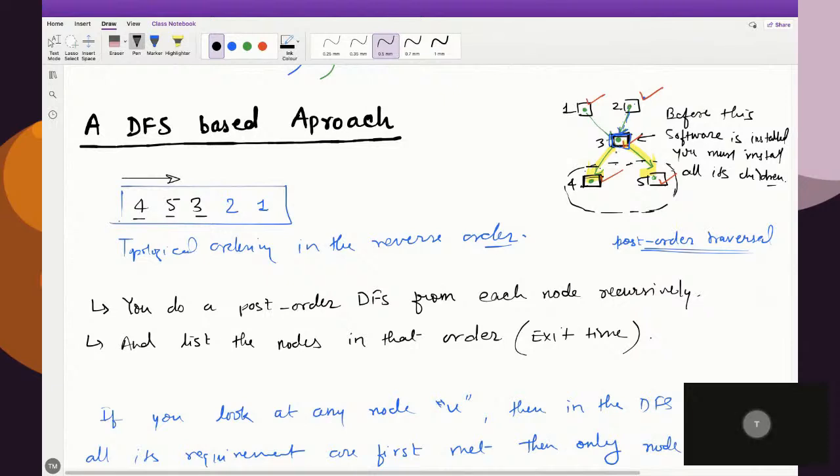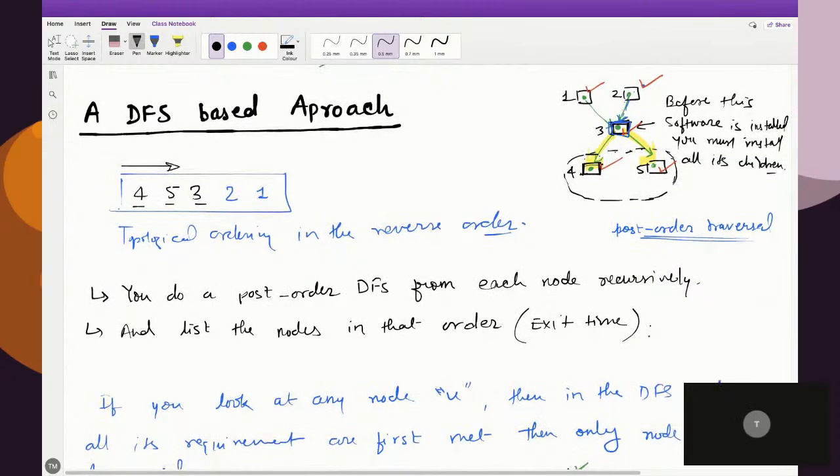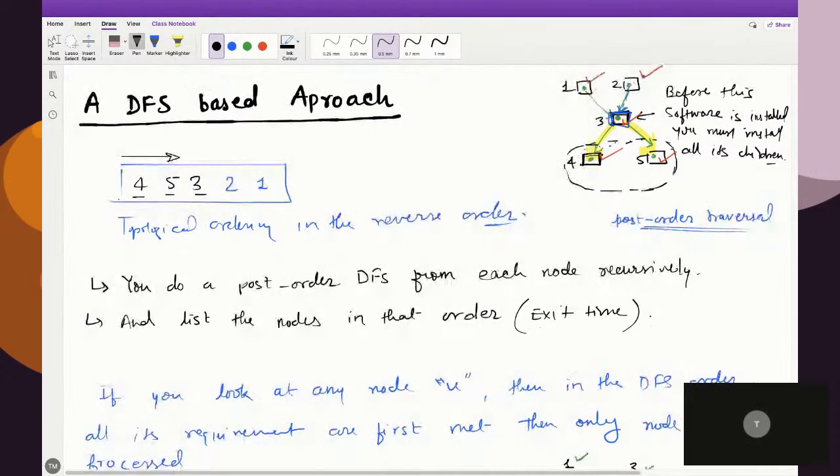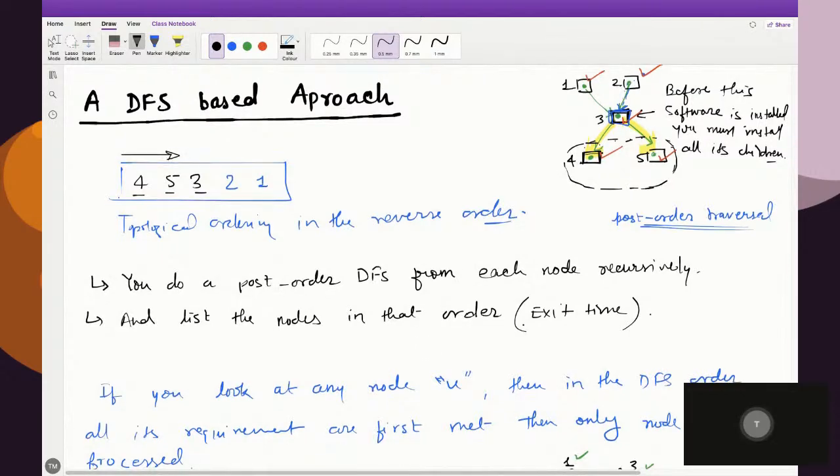Whenever you are doing a DFS from 3, and you first go to the child 4, then after 4 is exited, that is, DFS from 4 is over, you go to 5, and after it is over and every other child that it has is over, only then do you mark 3 as finished. That is precisely what exit time is, if you remember what we discussed in our second lecture on DFS. So we are ordering them according to the exit time, and this ordering according to the exit time gives you the topological ordering.